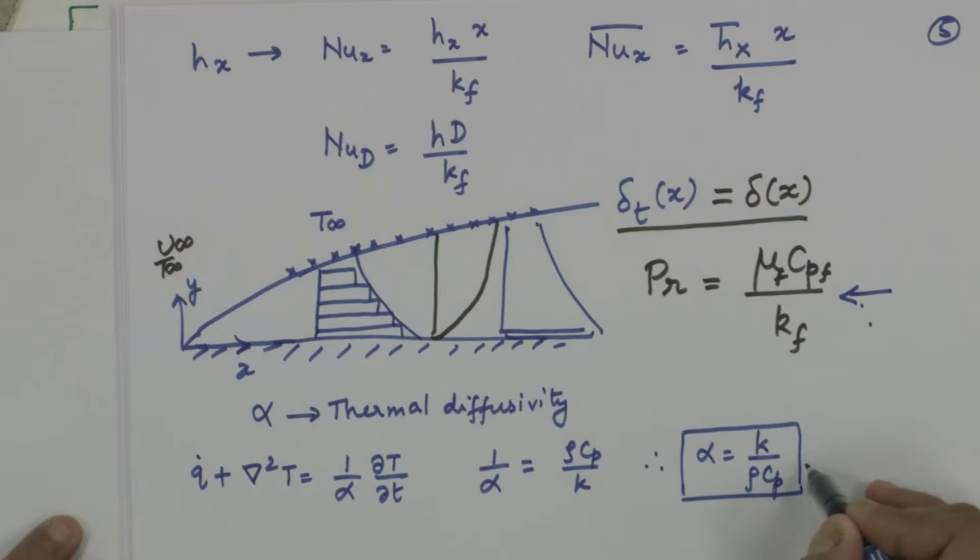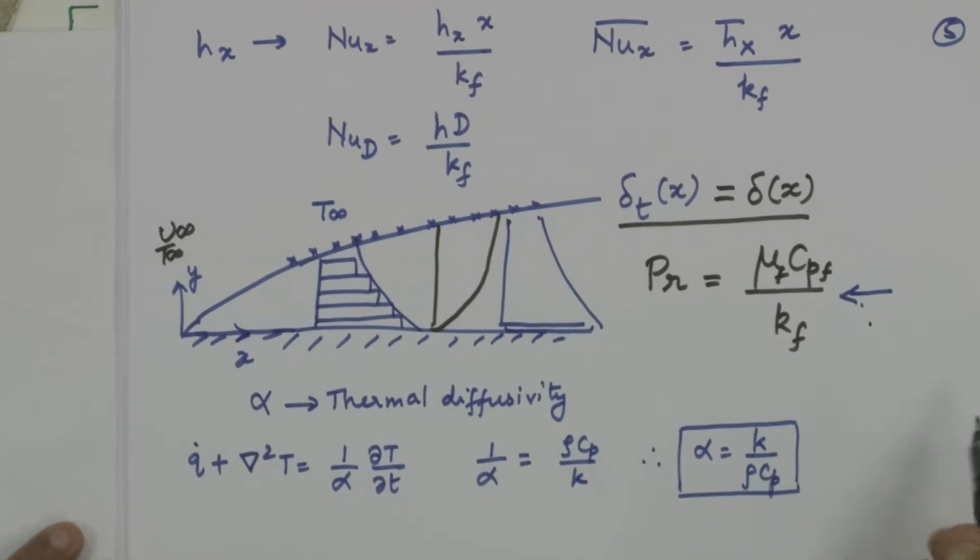K refers to the thermal conductivity, and rho Cp is a quantity used to indicate the energy storage. Larger the K in comparison with rho Cp, the larger the thermal diffusivity, the thermal conductivity aspect would be large.